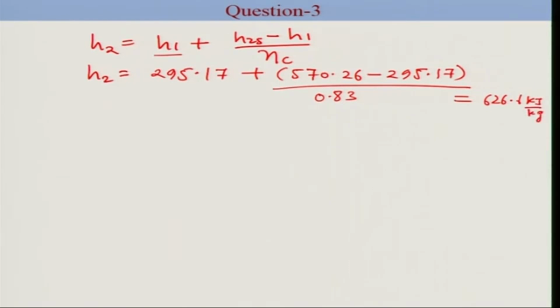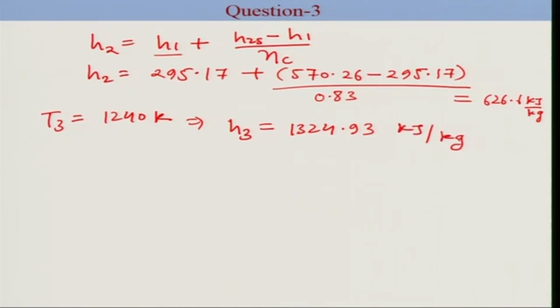It is given in the question that T3 equal to 1240 Kelvin. So, from the properties of air, we get H3 equal to 1324.93 kilojoule per kg, and PR3 equal to 272.3.